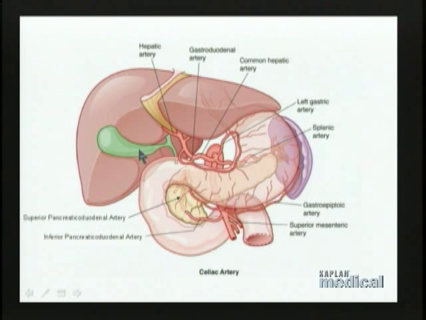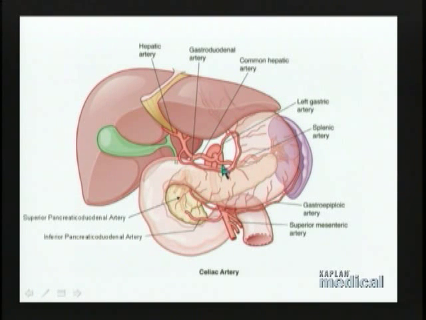And we know that the adult GI tract will be supplied by 3 blood vessels, the first of which is the celiac trunk. So here's the celiac trunk coming off of the aorta. Remember that the celiac supplies the foregut, and remember the foregut is going to be the esophagus, stomach, and duodenum.